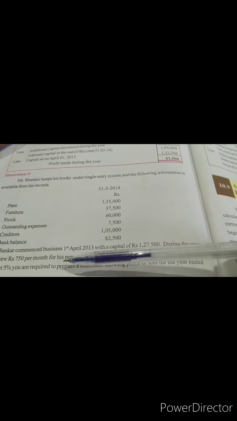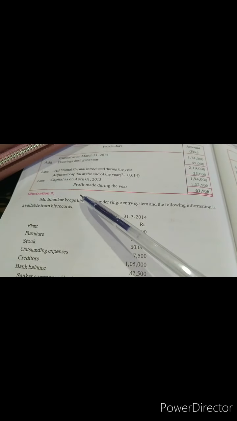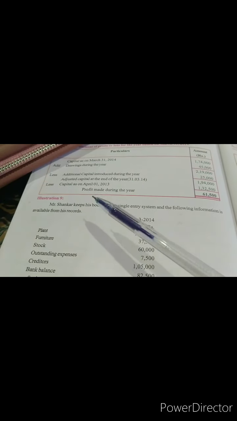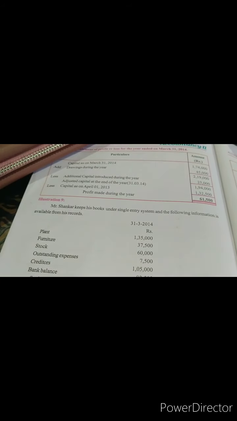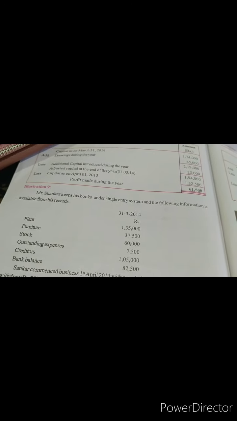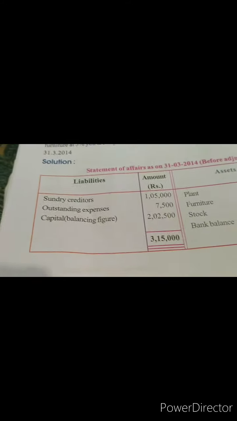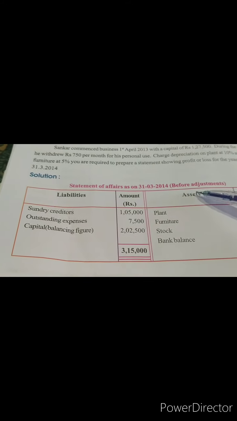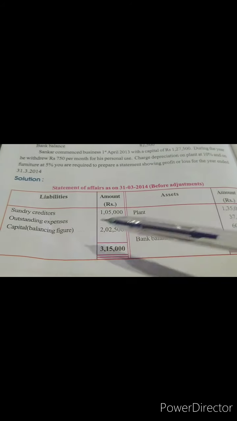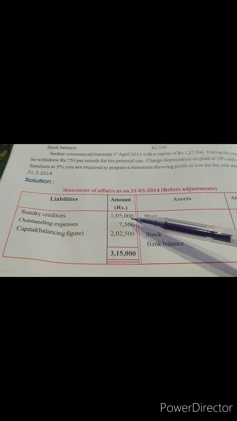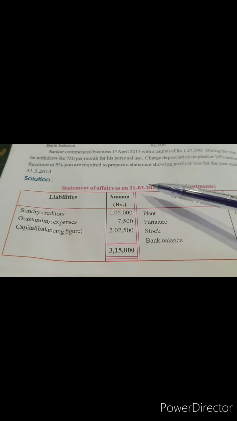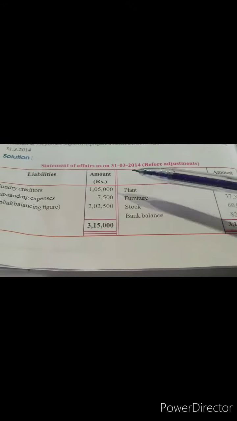After that, any adjustments given in the question, we will deduct those adjustments, and again we will show the profit or loss under the heading of profit or loss for the year after adjustments. Have a look here. Statement of affairs as on 31st March 2014 before adjustments. This means we have got the capital at the end before the adjustments were done. That is why, after we calculate the profit, we again deduct the adjustments from it.